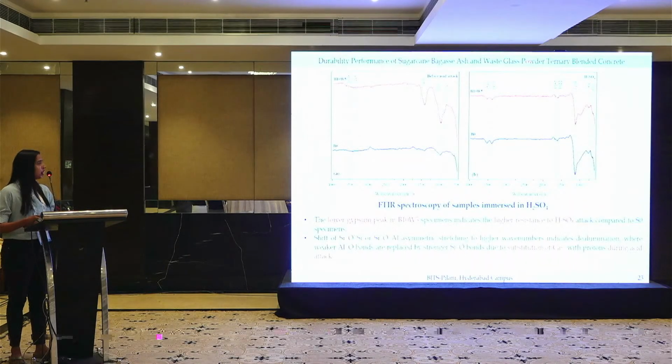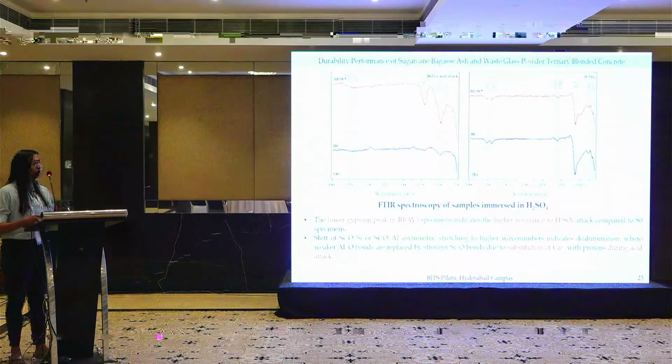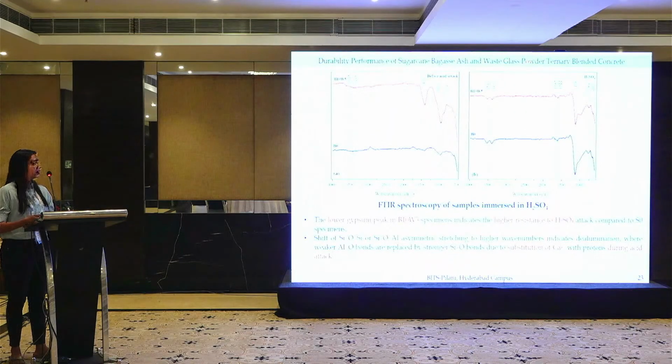The shift of the Si-O-Si and/or Si-O-Al asymmetric stretching vibration to a higher wave number is mainly attributed to the shifting of weaker bonds due to the substitution of calcium 2+ ions in the attack. So the upward shifting is more pronounced in the H2SO4 exposed sample, which indicates greater dealumination.